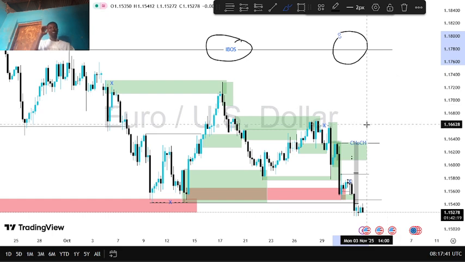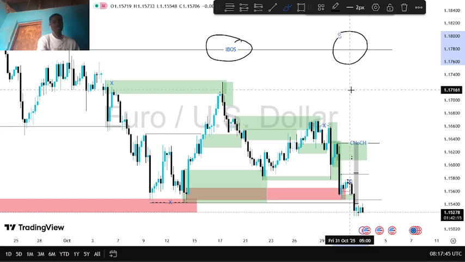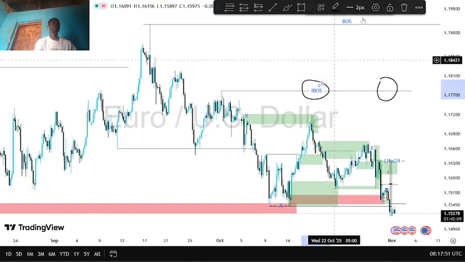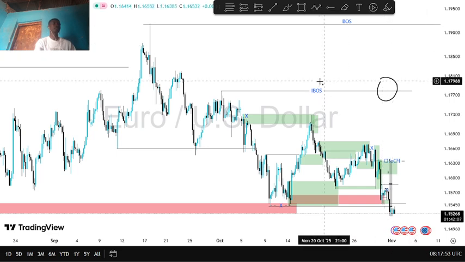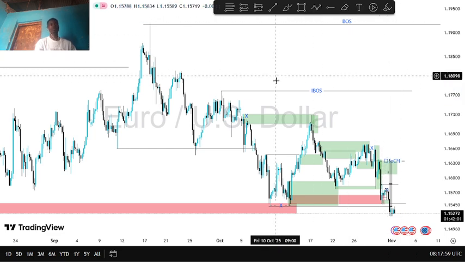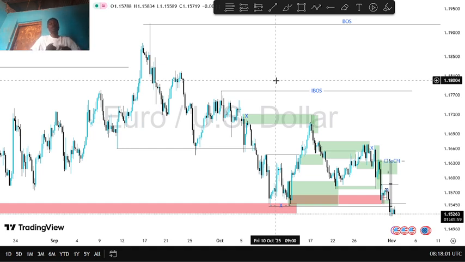It didn't happen, and we continued the move to the downside. So it means these internal structures, this swing pullback that we are seeing, is still continuing. Why? Because internal structure eyeballs signal the start and end of a swing pullback.